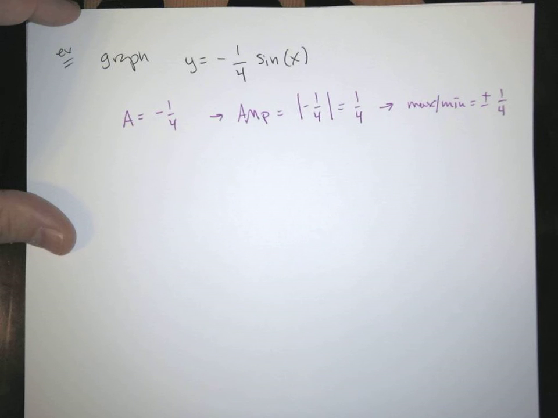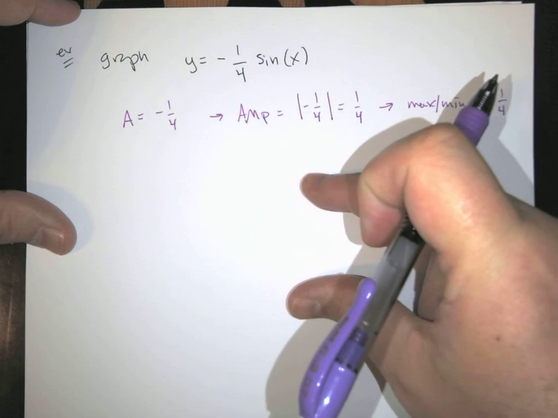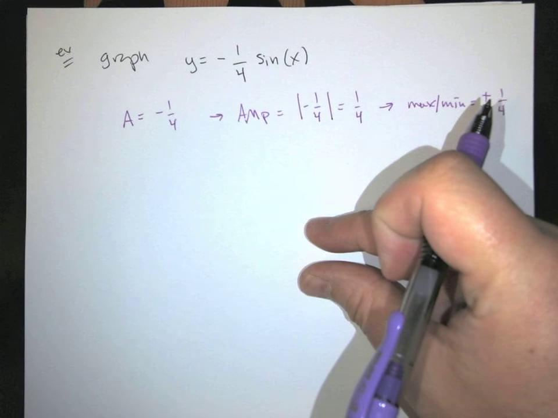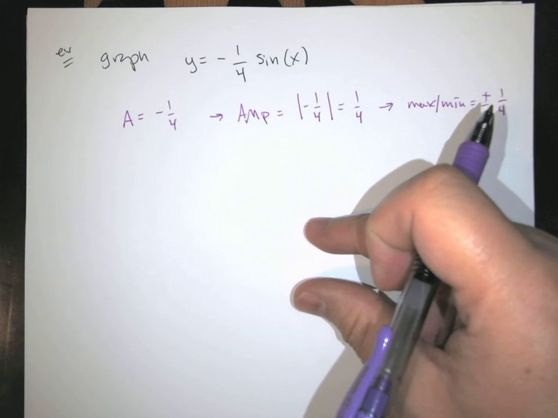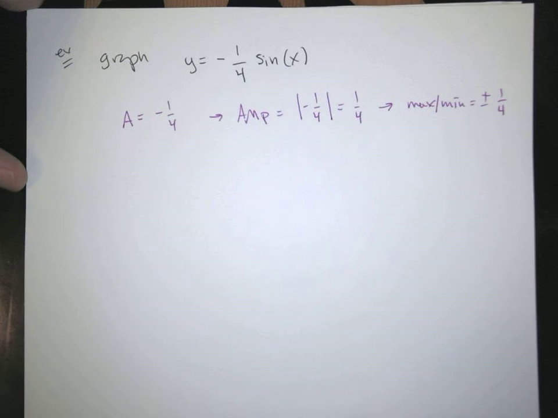So right off the bat, one of the things that's happening for us here is this version of the curve is going to be much more condensed vertically. This is going to be a vertically compressed version of the curve. It just doesn't have the same amplitude as the other one. The negative sign, what does that do?